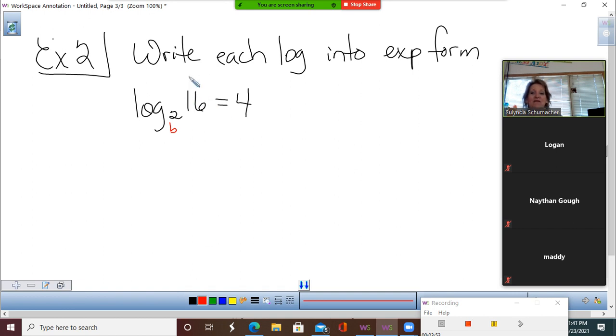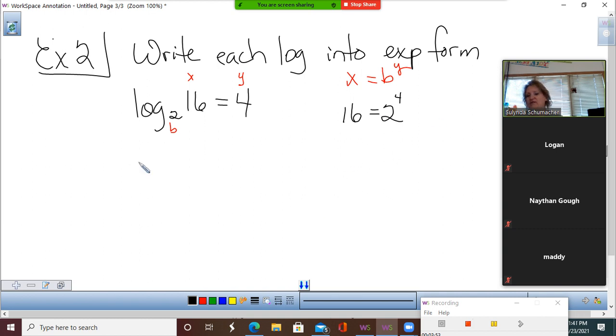This right here is my x value, and this is my y value. So we're going to rewrite it. And let me put it over here as x equals b to the y. So we're going to have our x value is 16 equals our base is 2 to the y value of 4. Which is a true statement, right? 2 to the 4th power is equal to 16.